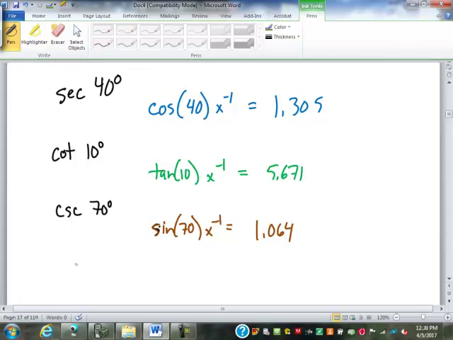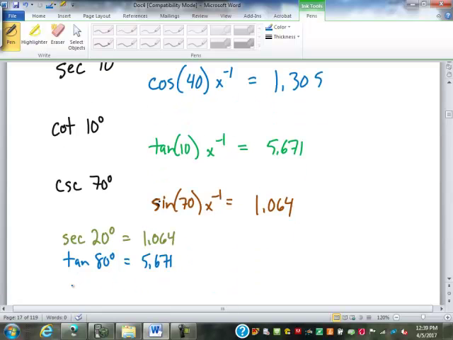Now, how about secant of 20 degrees? 1.064. Good. How about the tangent of 80 degrees? 5.671. And the cosecant of 50 degrees.